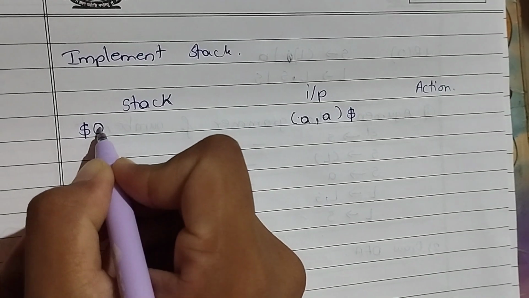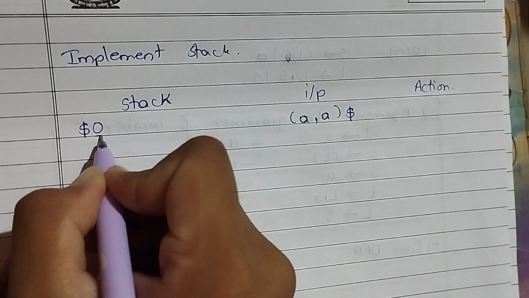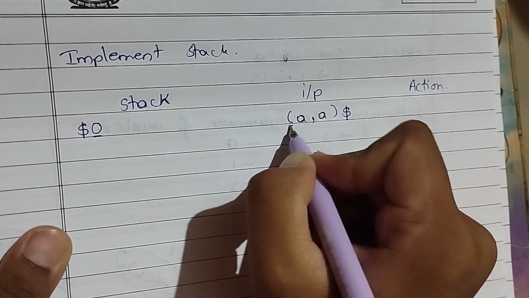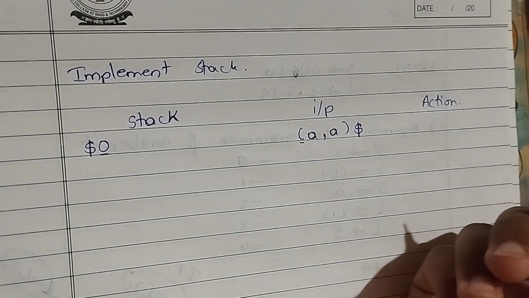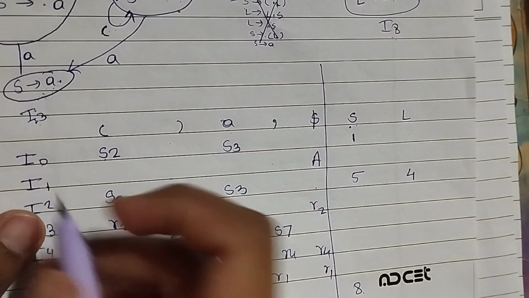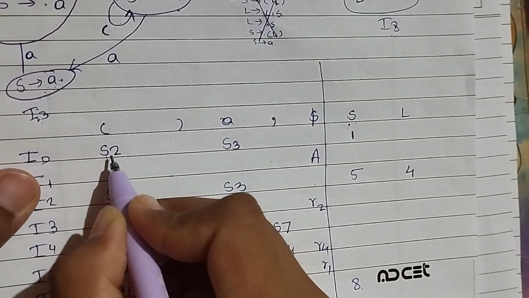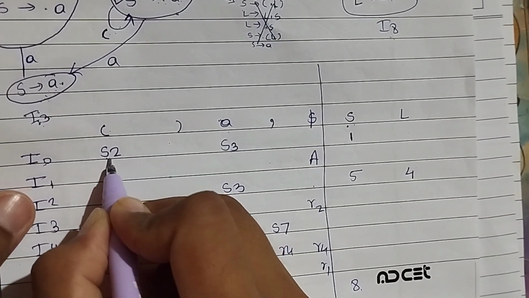So now from 0, means I0 state. This 0 we see in opening bracket. So I0 sees opening bracket in our table. I0 and opening bracket is S2, means shift.